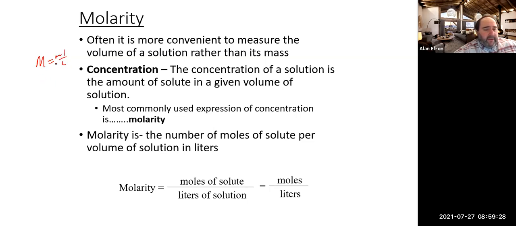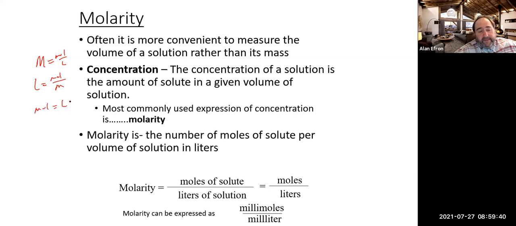And remember that we can rearrange this in several ways. Liters would be our moles divided by our molarity. Moles would be our liters times our molarity. And a reminder, as we've talked about before, that if you are using molarity by itself and you want something like moles, you definitely do need to convert the volume into liters.